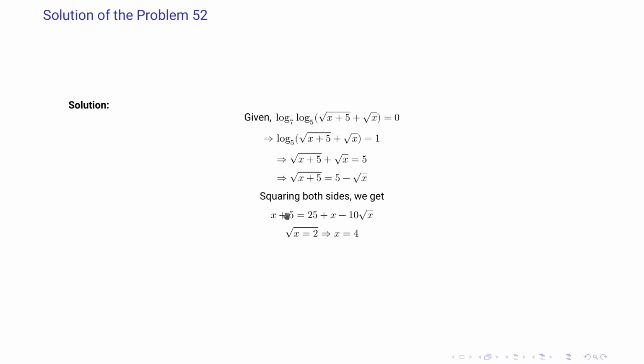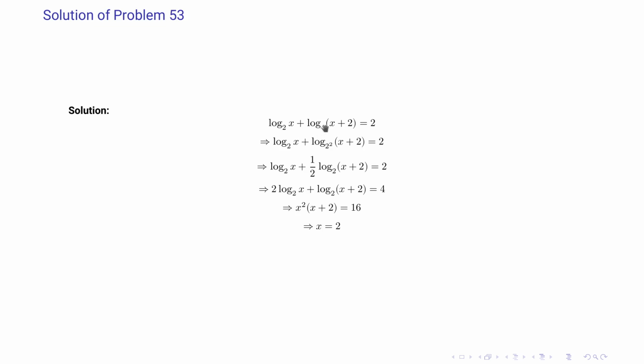We square both sides, we get x plus 5 is equal to 25 plus x minus 10 square root of x. So x gets cancelled, we bring 10 root x to the left side, 5 to the right side, we get 25 minus 5 is 20, and then we divide 20 by 10, so we get square root of x is equal to 2. This square root sign is extended, it's a typing mistake. So we have square root of x is equal to 2, so x is equal to 4.